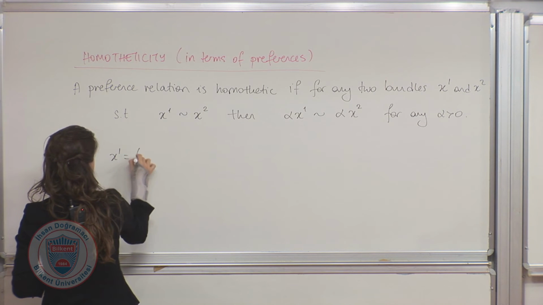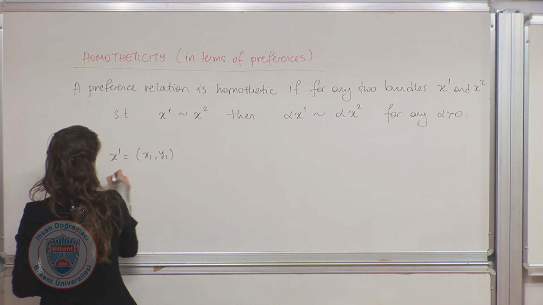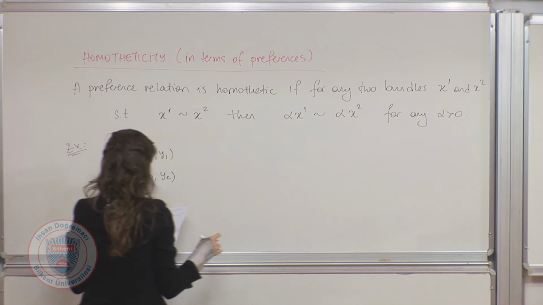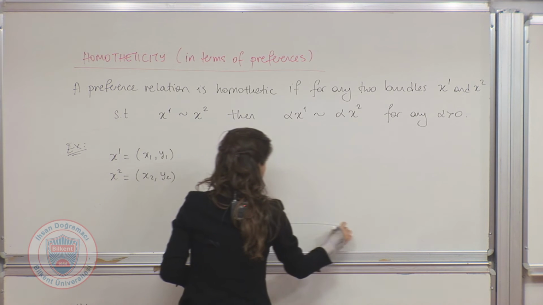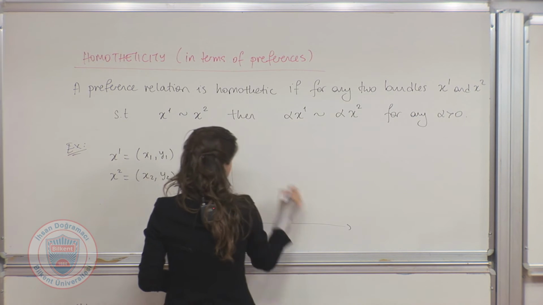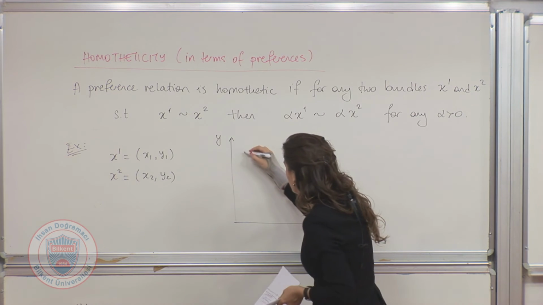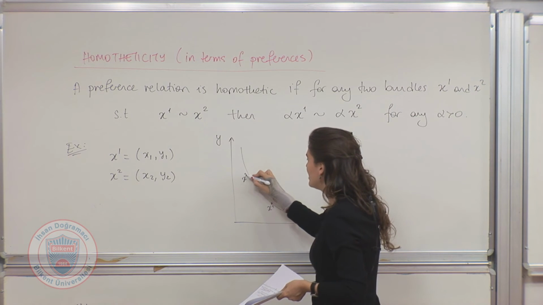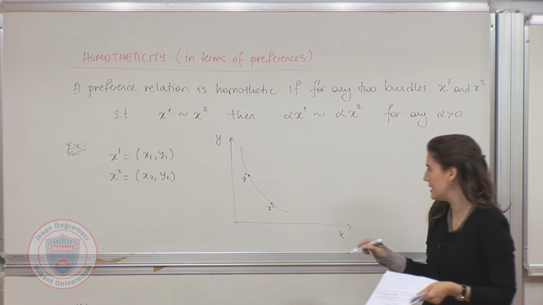Suppose x1 is this, x1, y1, and x2 is this, x2, y2, okay? If I know that x1 and x2 are on the same indifference curve, then I blow them up: here it's alpha x1, and I also blow up alpha x2. Then what do I know?